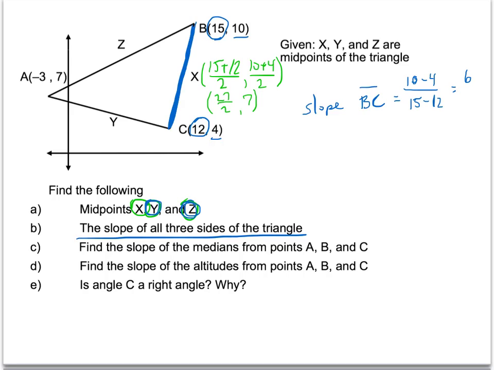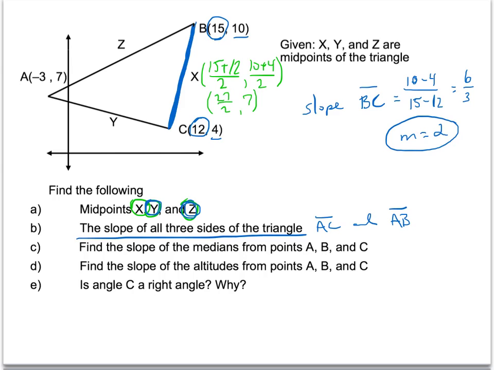And that's going to give us 6 over 3. So the slope is simply reduced to 2. No reason to write the denominator of 1. So I want you on your own to find the slope of line segment AC and line segment AB. That should be no problem. You can do that on your own.